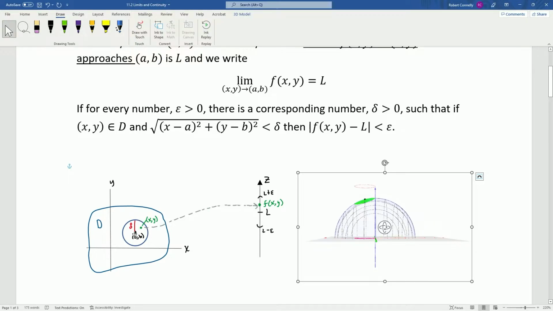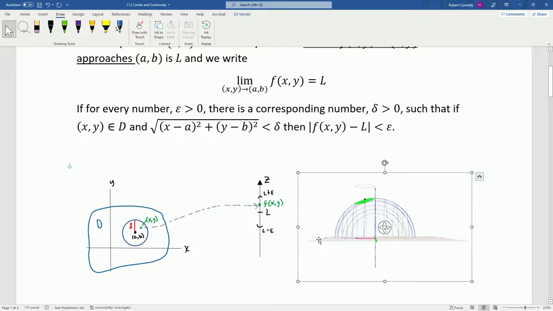Above the center of this disk is this point right here, this black point. And this point is going to correspond to our limit for this function, the height of that point. So what we're saying is any point on this disk, any x and y value on this disk, maps to something that's within that little range, this upper y value and this lower y value.